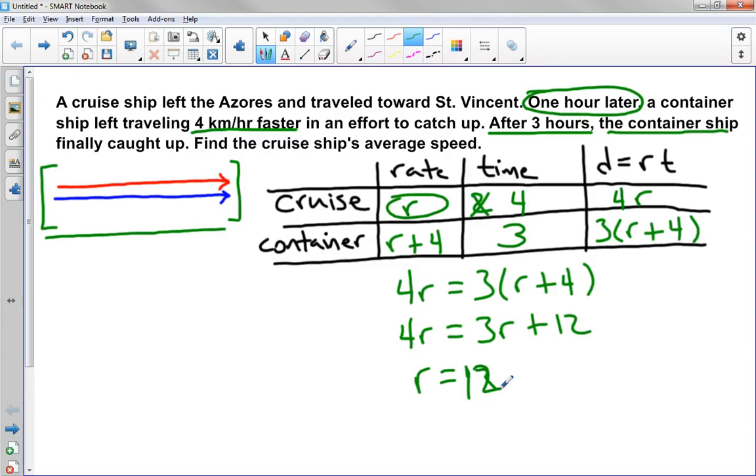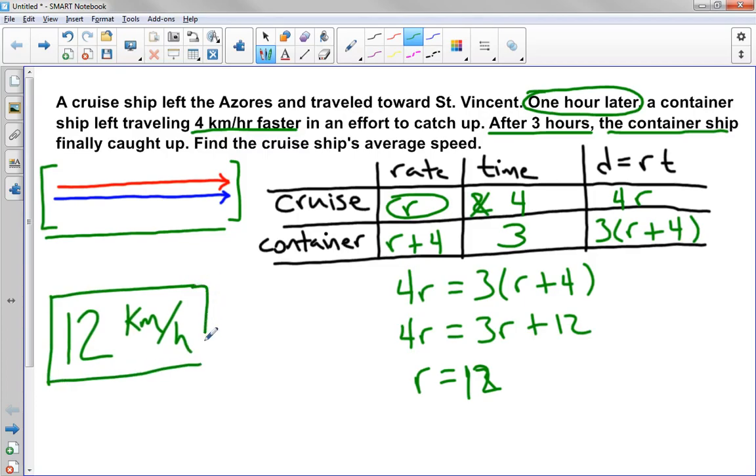It doesn't have to be extra lengthy. I'm running out of space, so I'm not going to write any English. I am going to write the answer along with the proper units for this word problem. What I should really do, if I had a little bit more space and I wasn't doing this online, is write something like, the cruise ship's average speed was 12 kilometers per hour.